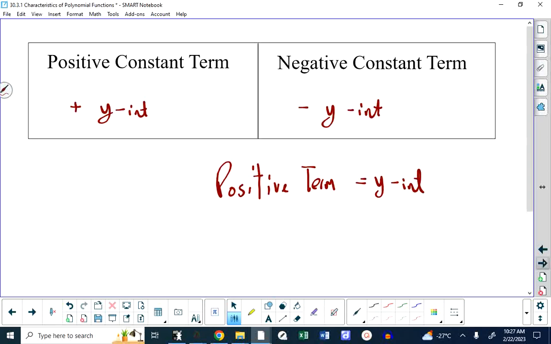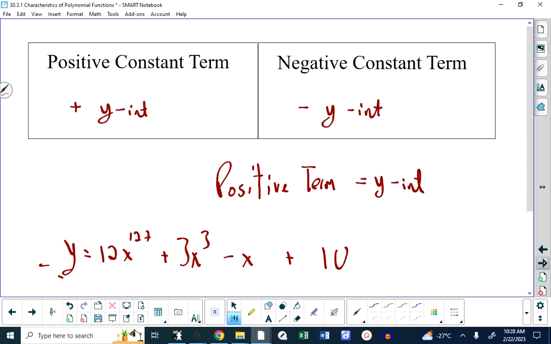Look, if I have this function, y equals 12x to the 127 plus 3x cubed minus x plus 10, and I say what is the y-intercept, you're going to put 0 in for x.